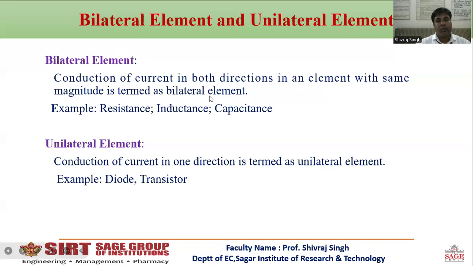There is no polarity requirement. Unilateral element: in this case, conduction of current is in only one direction. For example, diode. In forward bias, the diode conducts, and in reverse bias current conduction is not possible. Similarly, a transistor is also a unilateral element.